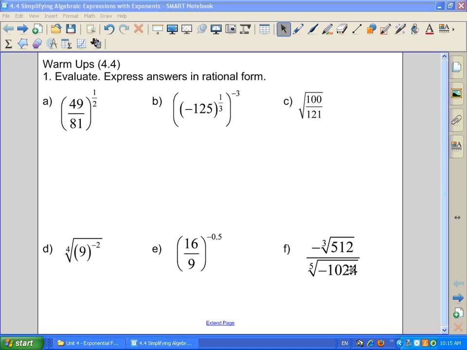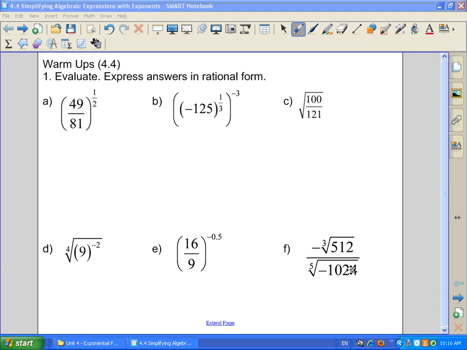So let's start off with our warm-ups. Looking at one, it says to evaluate, express your answers in rational form. That means it can't be in exponential form. So you're either looking for a fraction answer or a whole number for a rational form. Looking at 1a, we have a fractional base all raised to the power of 1/2.